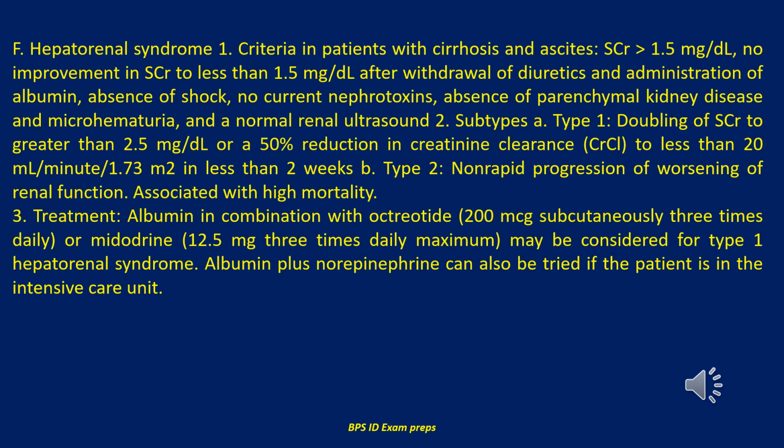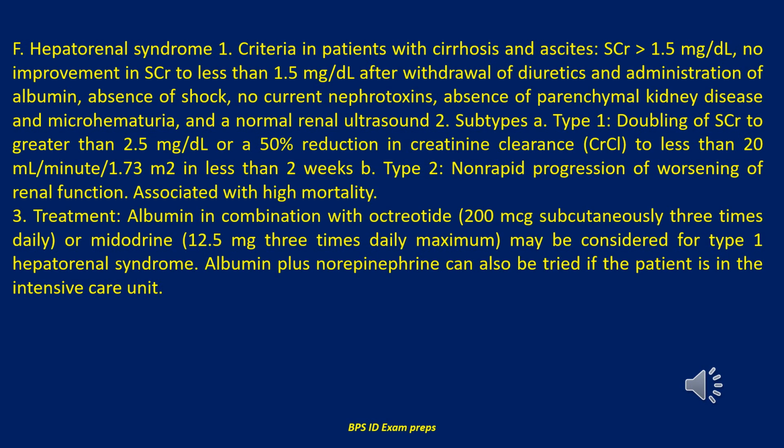Criteria in patients with cirrhosis and ascites include serum creatinine greater than 1.5 mg per deciliter, no improvement in serum creatinine to less than 1.5 mg per deciliter after withdrawal of diuretics and administration of albumin, absence of shock, no current nephrotoxins, absence of parenchymal kidney disease and microhematuria, and a normal renal ultrasound.